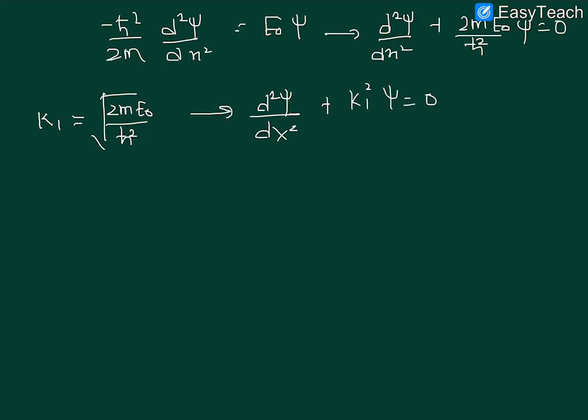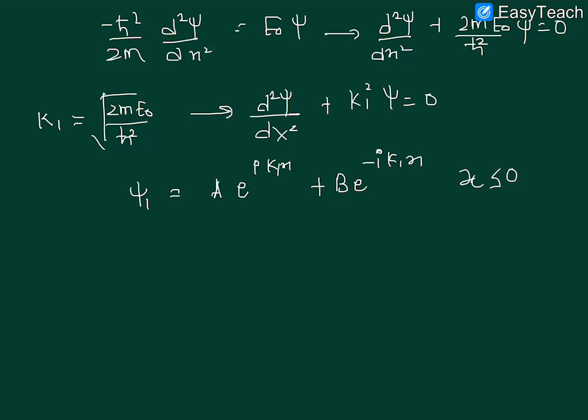And we know the general solution of such kind of equations, and that would give me psi 1. Since it's in the x less than 0 region, I'm putting it as psi 1, and psi 1 is nothing but a e to the power i k1x plus b e to the power minus i k1x for x less than 0.